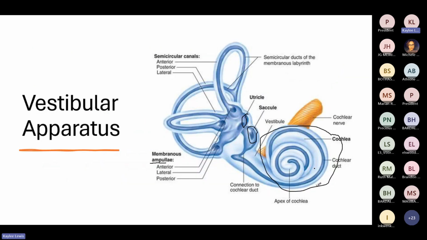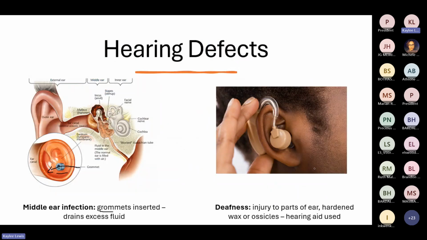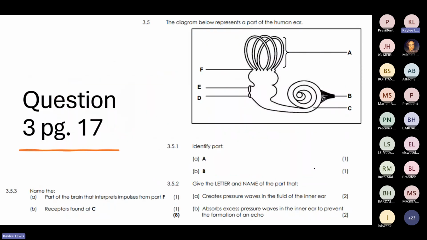Okay, so let's start practicing. If you can turn, I think it's on page 17, to question 3.5. I'm going to give you about 7 to 8 minutes to complete this one.